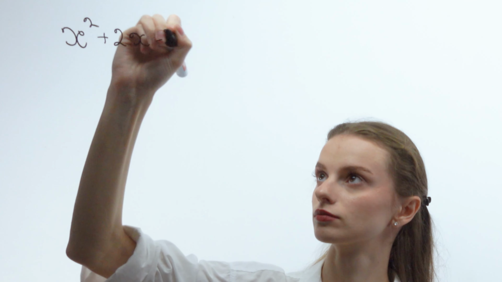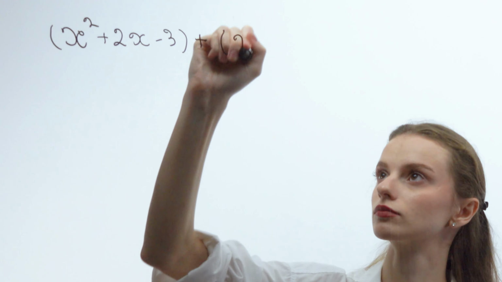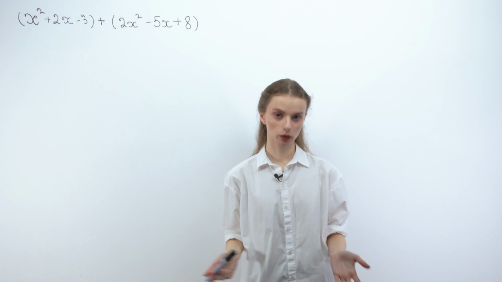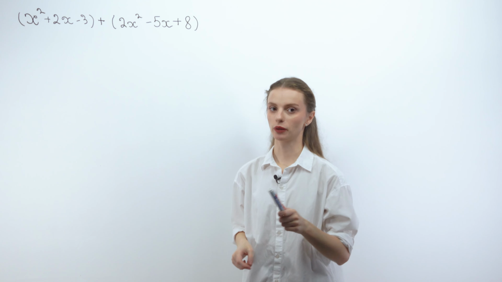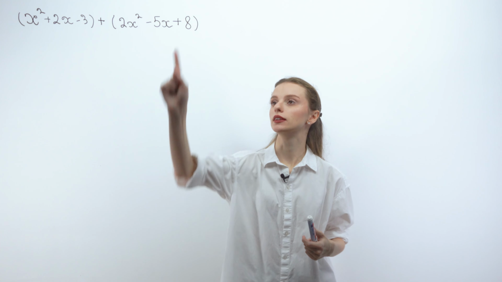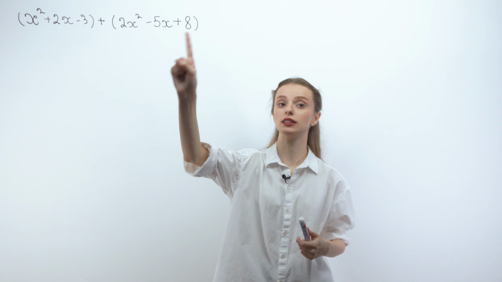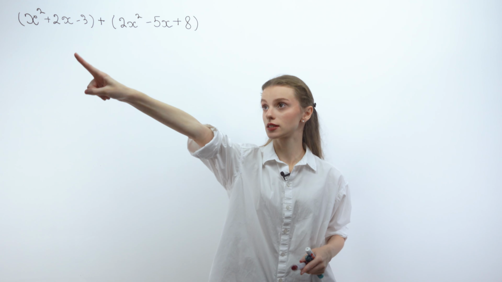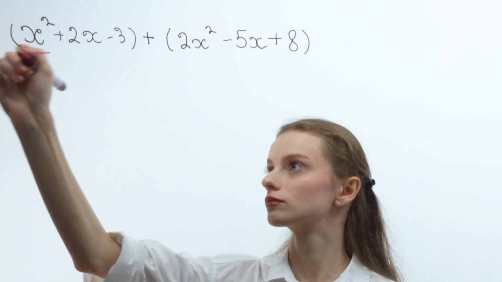Let's look at this example. We have x squared plus 2x minus 3 plus 2x squared minus 5x plus 8. What are we going to do? We're going to combine like terms, and by like terms I mean that the terms must have the same power and the same letter. I'm going to combine x squared with 2x squared.